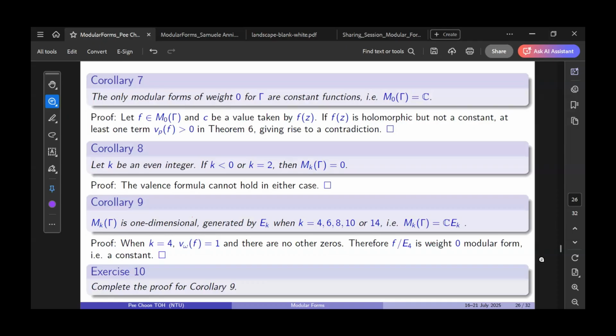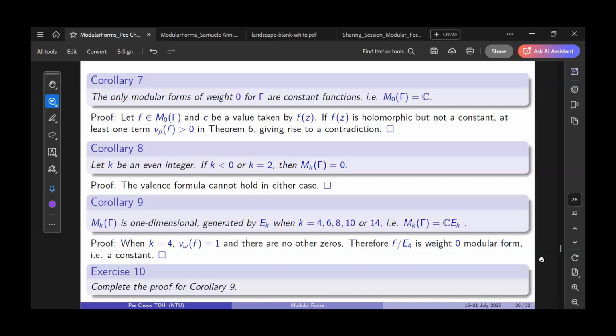A modular function with weight k is one-dimensional and is generated by Eisenstein k when k is 4, 6, 8, 10, and 14.